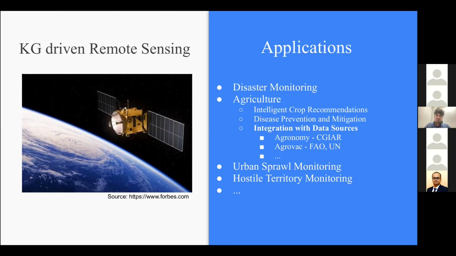Some of the other applications that we foresee are urban sprawl monitoring and hostile territory monitoring, wherein specific details about the background knowledge would need to be encoded in an ontological manner so that the machine can infer new knowledge and enrich the knowledge graph further for the specific application.